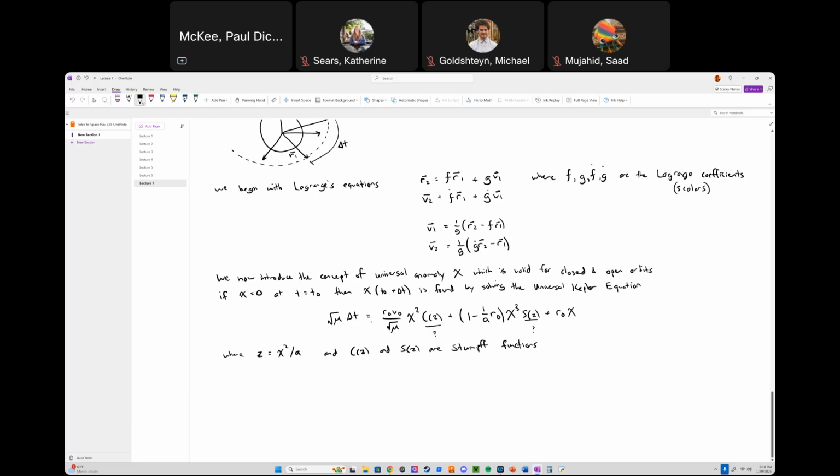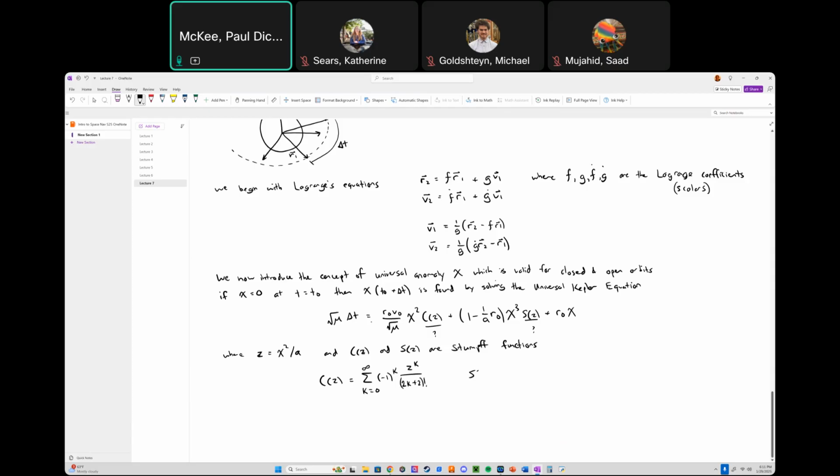Okay. So without derivation, C of Z is the sum from k equals 0 to infinity of -1 to the power k, z to the power k over (2k+2) factorial.